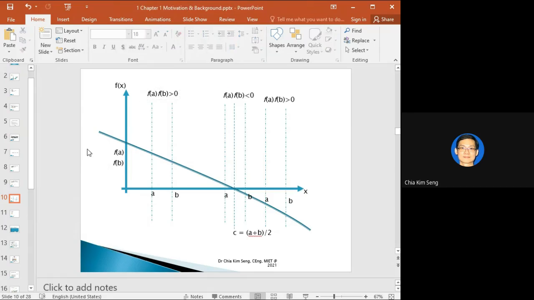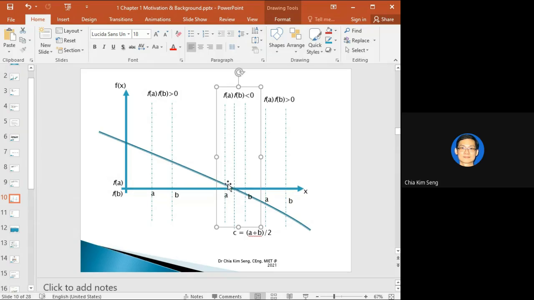Okay, and then you can try the next a and b. Next a and b, you will get something like here. Your f(a) is a positive value, and your f(b) is here, a negative value. So one positive, one negative, you multiply them, you get a negative value.